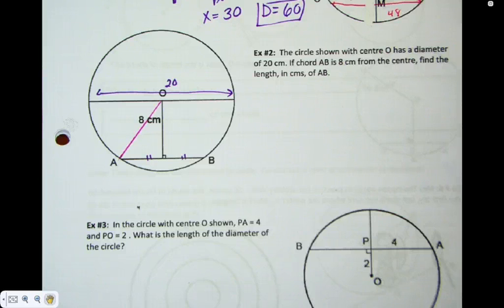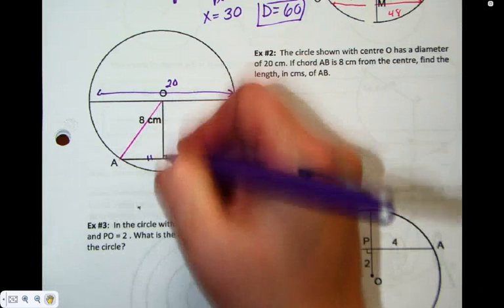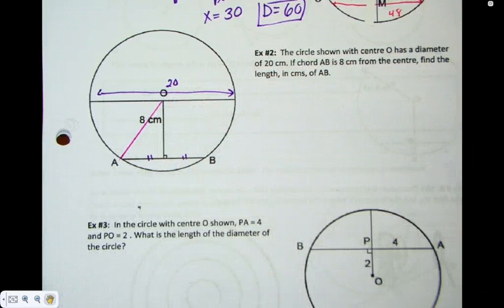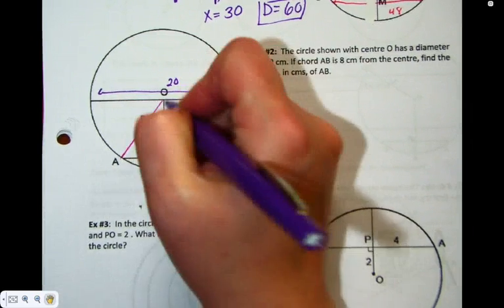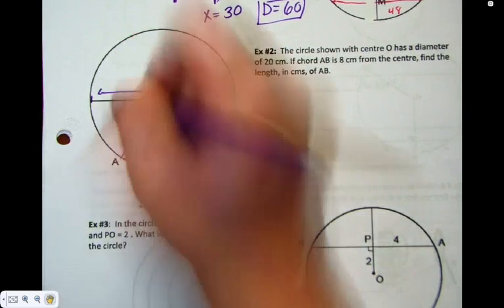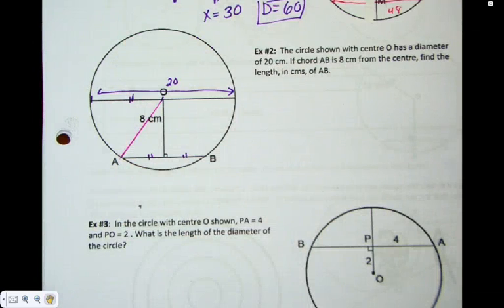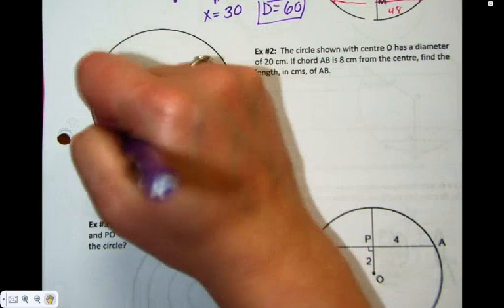Do we have a measurement for that length? Well, 8 centimeters is O to this part, but it's not that radius that we just drew. So if the whole diameter is 20, what do you know about the half of it? The radius is 10. What did we just draw? A radius, so it's also going to be 10.